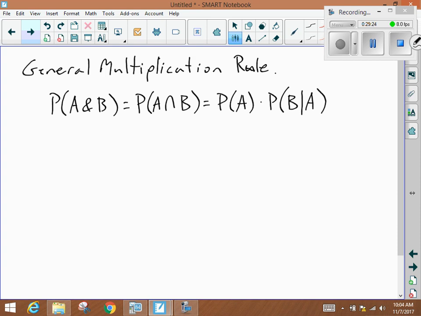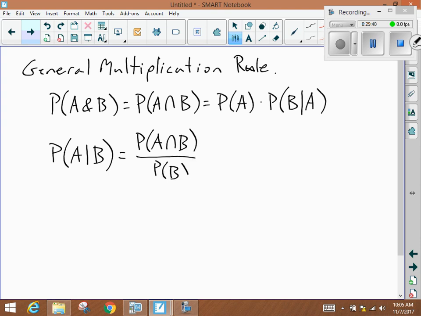So you do get this one: the probability of A given B is equal to the probability of A intersect B over the probability of B, right? If you wanted to know the multiplication rule, all you have to do is multiply both sides by probability B, right? And of course, those are going to cancel because they're 1. And you wind up with your rule, right?